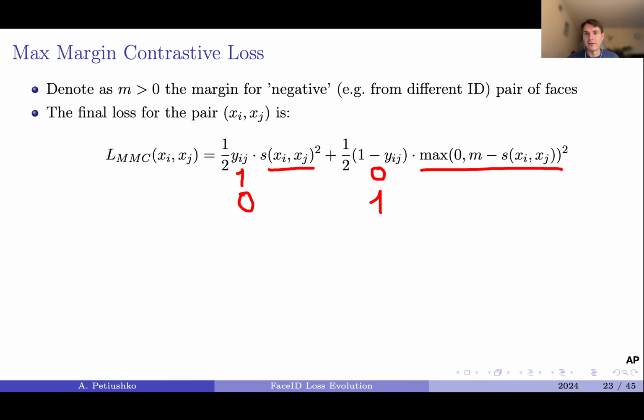We would like them to be just greater than m. We don't need them to go to infinity, as in this case we would have unstable training. If they are just outside of this sphere of radius m, we will be okay. And this is hinge loss.